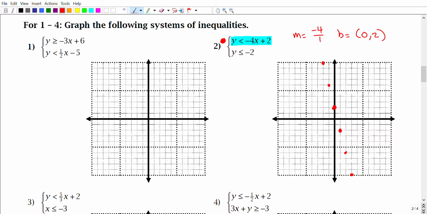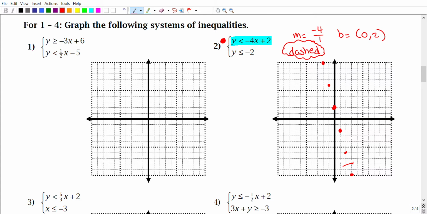Y is less than. So do we have to use a solid line or a dashed line? Well, it doesn't have an equal to underneath, right? So this means we have to do a dashed line. If you're not sure how I'm getting the fact that this is a dashed line, go back up to the chart at the very top of the front page and verify that it does have to be a dash.